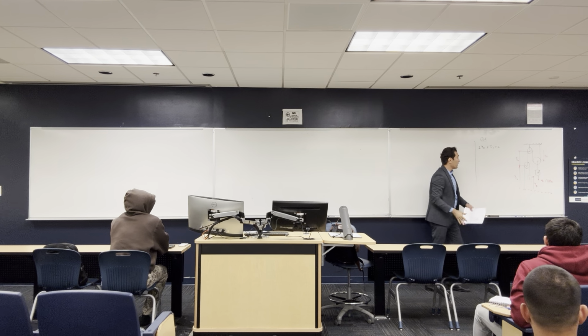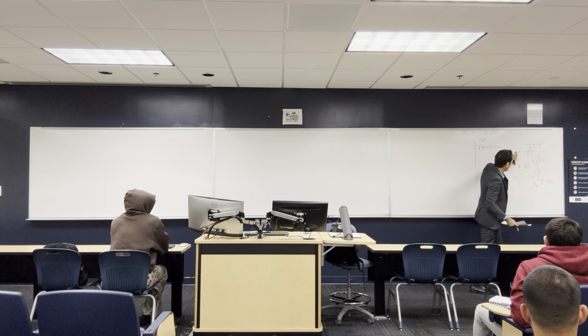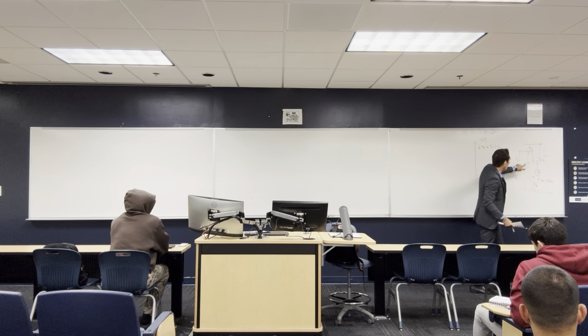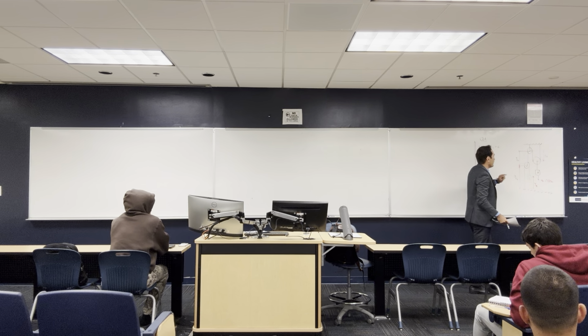Do you agree on this? That this part, this part, and this part add up to a constant. Why YC1? Because this is not at the same level as this. This part is moving. Okay, that's equation number 1.